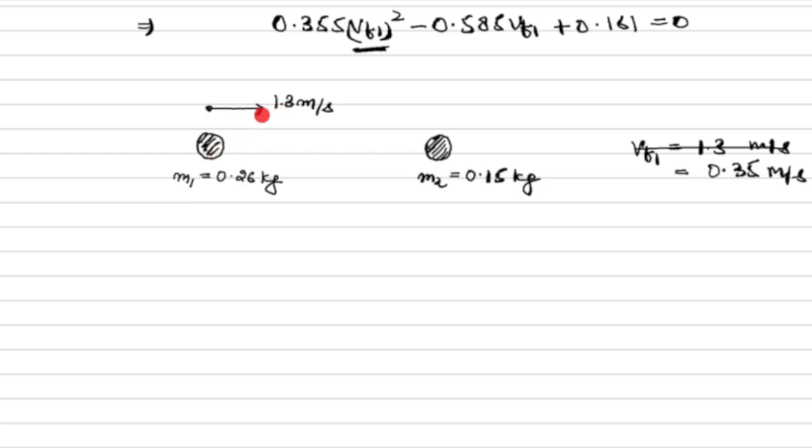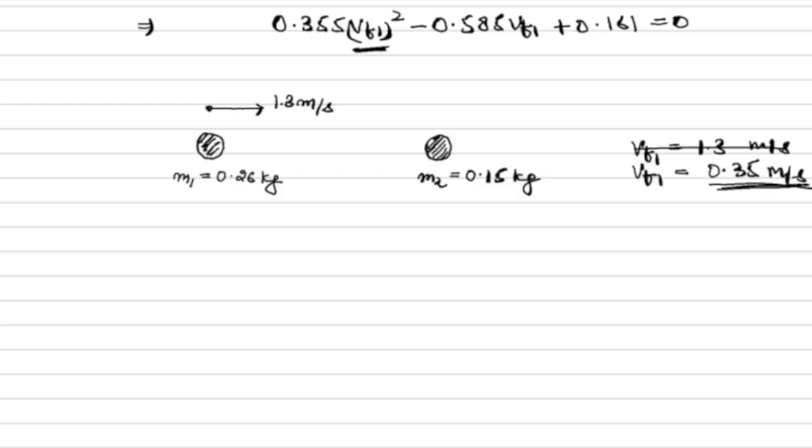The velocity was 1.3 meter per second, and I'm talking about the final velocity of this mass again as 1.3, like it just passes through. It does not interfere with it, but it is having a collision, so that can't be true. So my answer will be this solution of the quadratic equation, I will take 0.35.